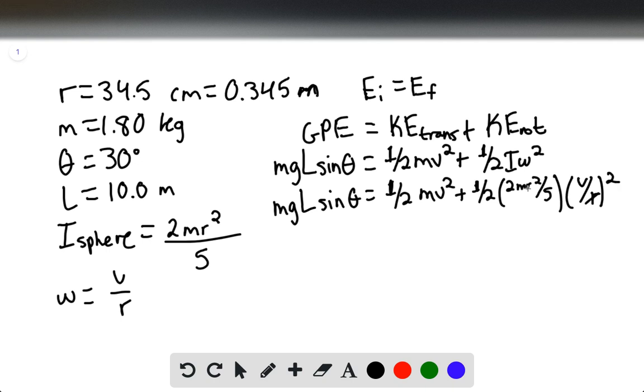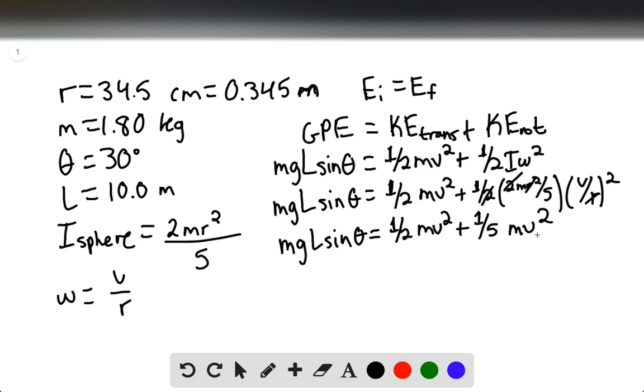This r is going to cancel out with this r. This 2 will cancel out with this 2. And we find that mg L sine of theta is going to equal 1 over 2 mv squared plus 1 over 5 mv squared. And this is going to equal 7 mv squared over 10.